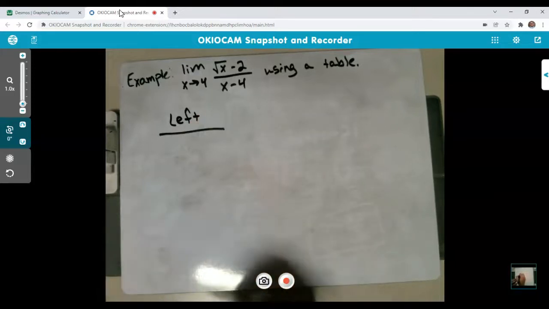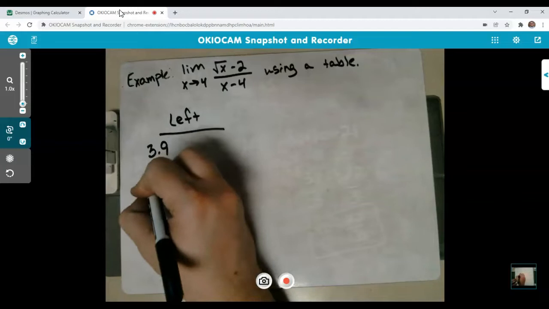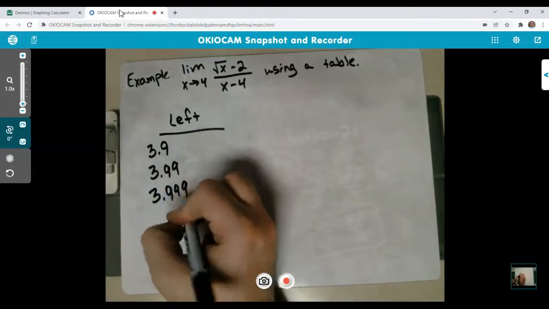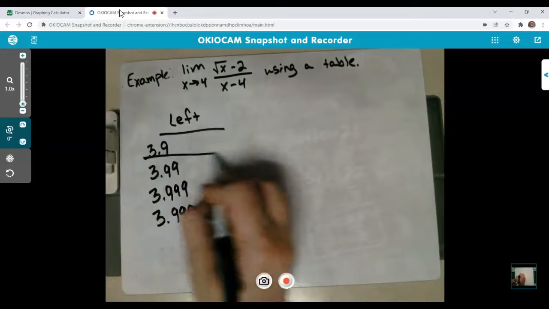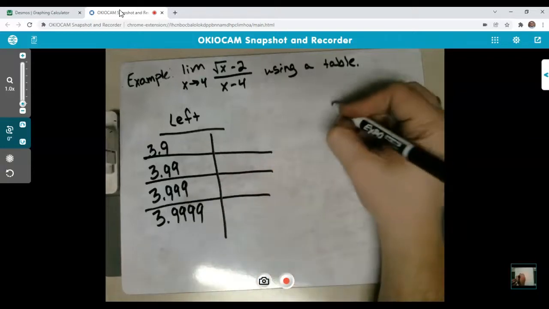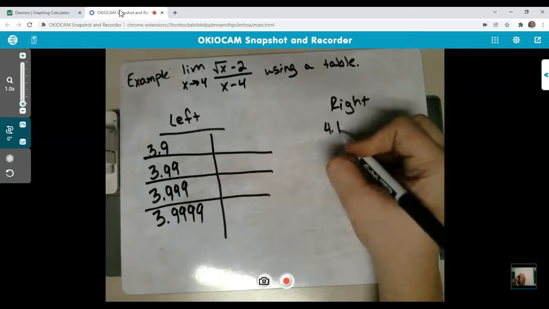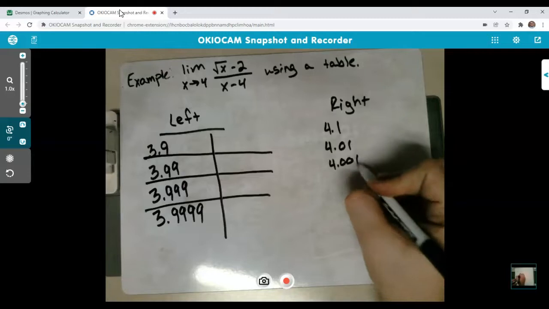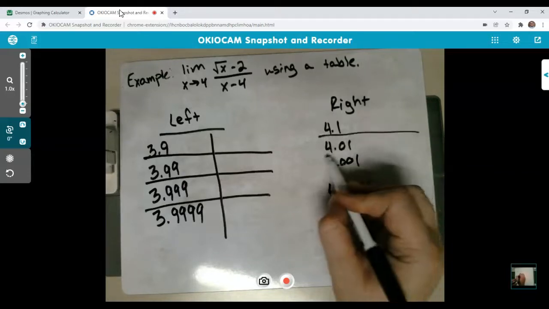On the left side, getting really close to 4, that's like 3.9, and then 3.99, 3.999, 3.9999. I'm just getting as close to 4 as I can. And then on the right side, do the same thing. I need values really close to 4, so like 4.1, 4.01, 4.001, 4.0001. That should be enough there.